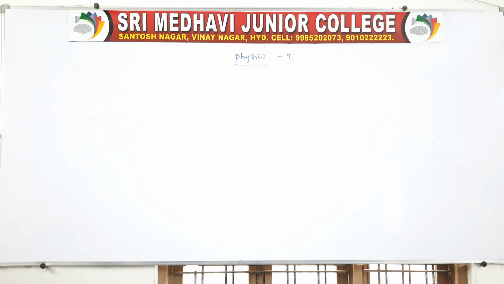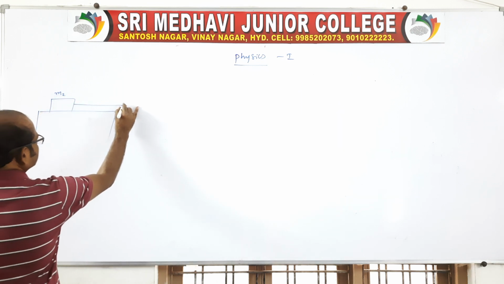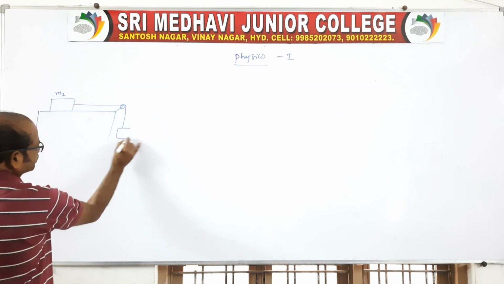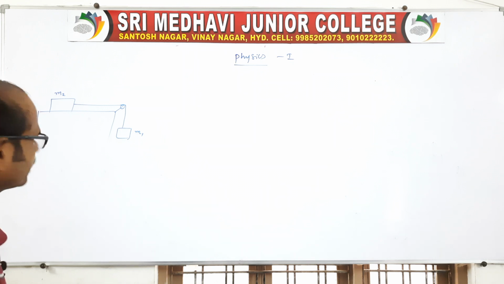Suppose one block of mass m2 is placed on a smooth table, and it is connected by a thread that is passing over a pulley. There is another block of mass m1, which is hanging vertically down.